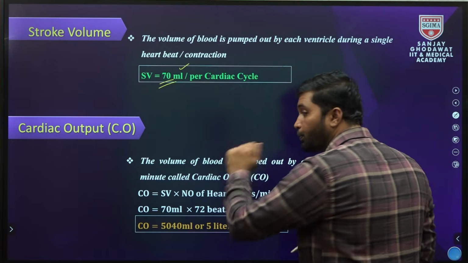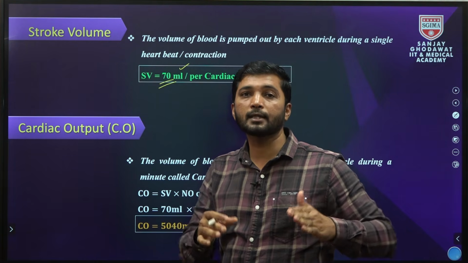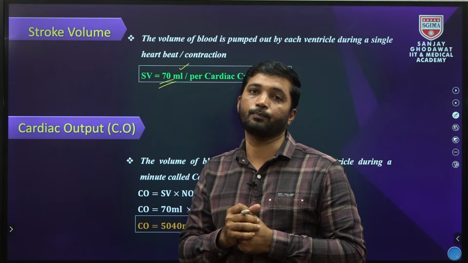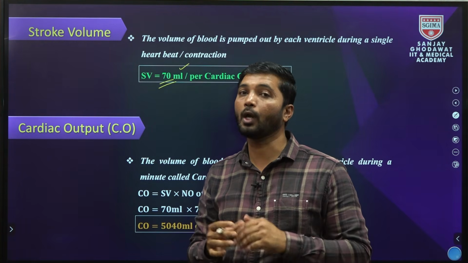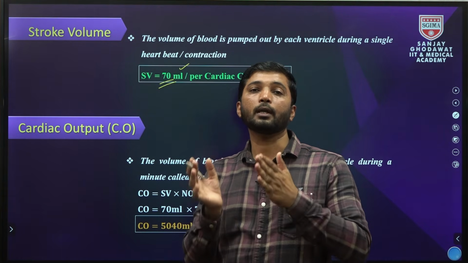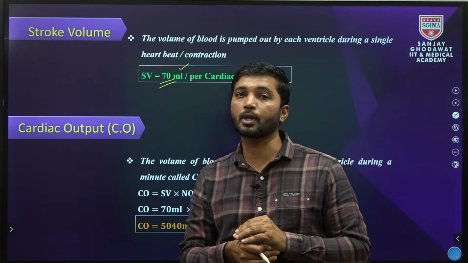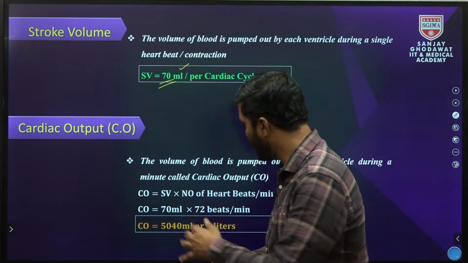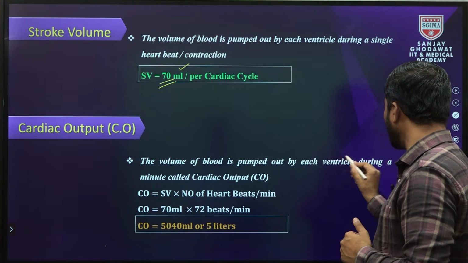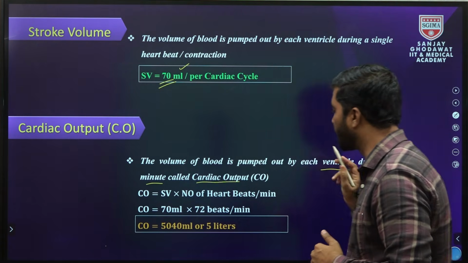Now we go to the cardiac output. The cardiac output is the amount of blood pumped out by each ventricle during a minute, that is called cardiac output. How to calculate the cardiac output?